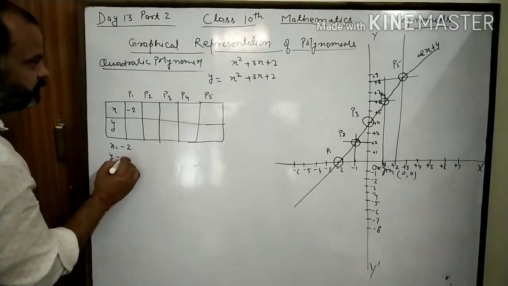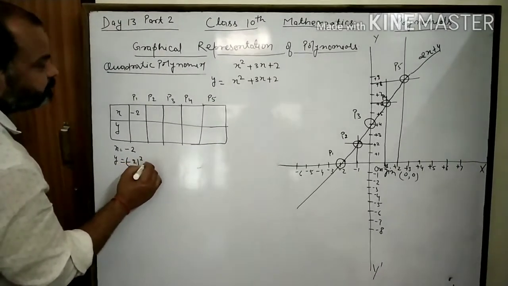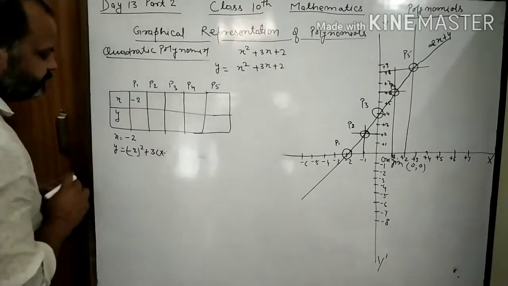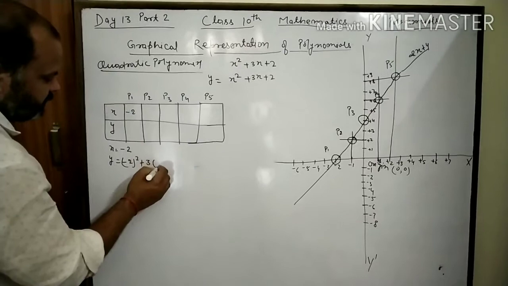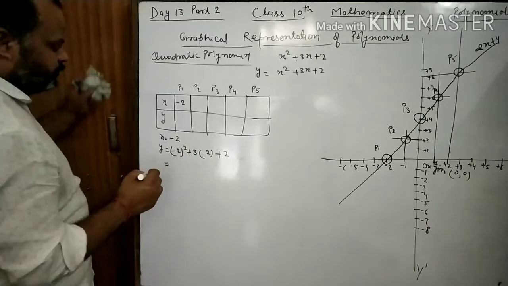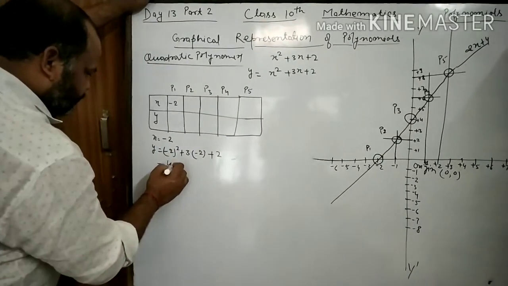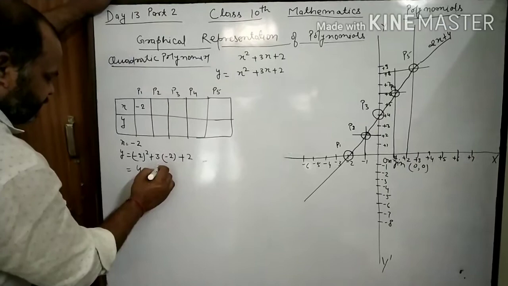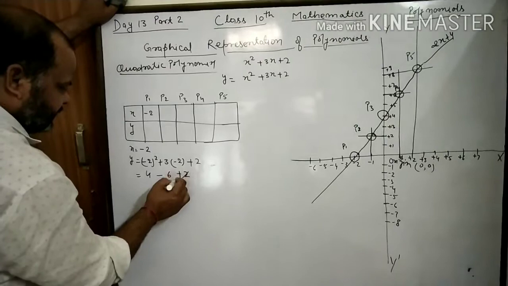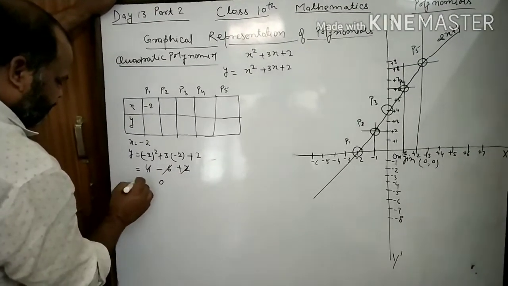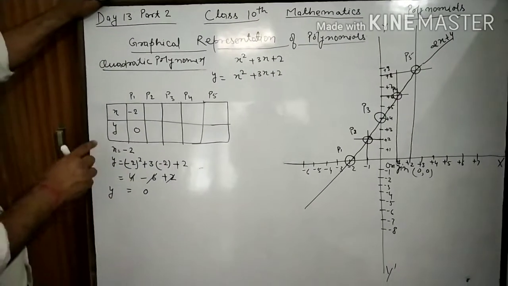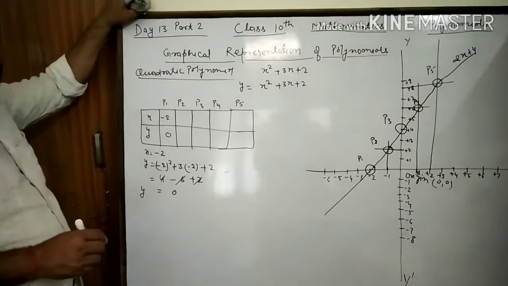Then y is equal to minus 2 square plus 3 into minus 2 plus 2. Minus 2 square means 4, plus into minus, minus 3 into 2 is minus 6, and plus 2. 4 and 2 is 6, minus 6, all are 0. Then y is equal to 0. It means if you put x is equal to minus 2, then we get y is equal to 0.